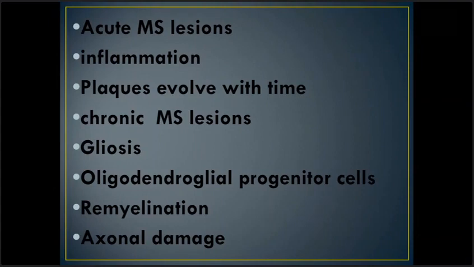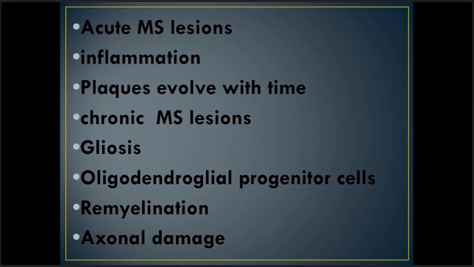We call it an acute lesion. In this acute lesion, the prominent feature is the inflammation, whereas in the later chronic MS lesion, inflammation is highly limited.